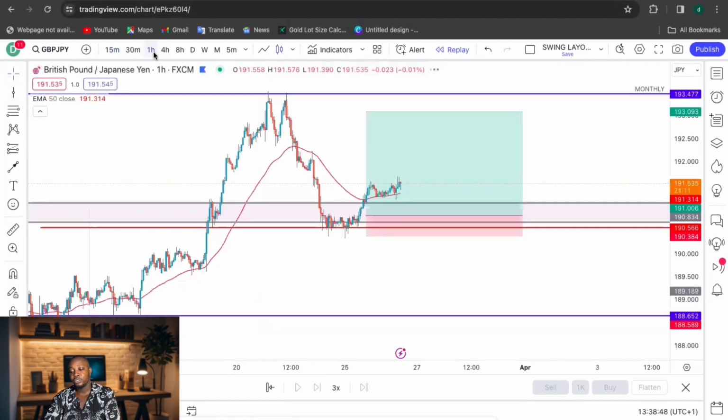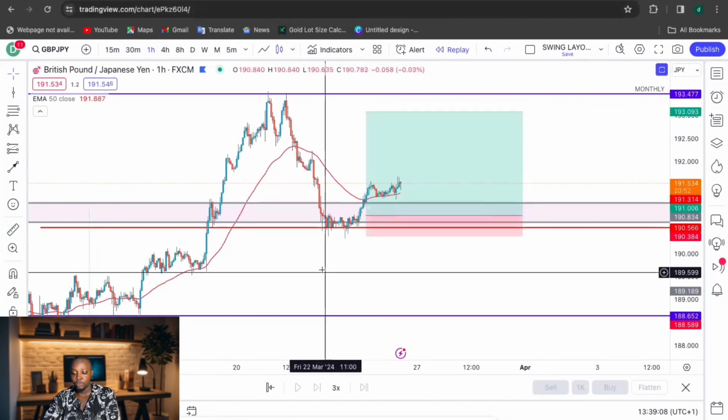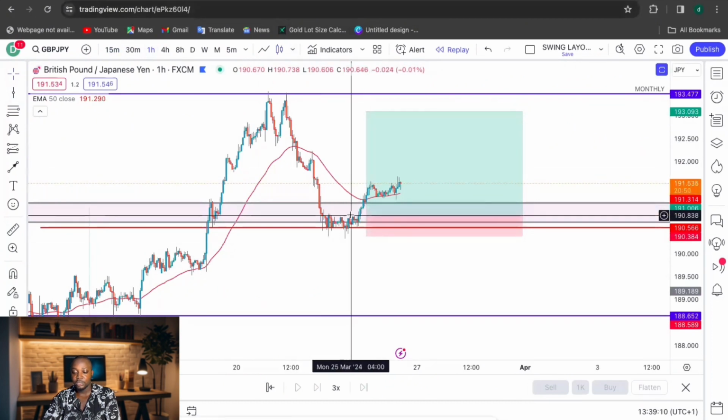For example, you're interested in this GBP JPY trade, and this trade is currently moving. I called it out in my Sunday weekly outlook. If you're interested in seeing that, just go back and watch the video. But let's say you're interested in this market. The market came down to your area of value and has given you an entry.